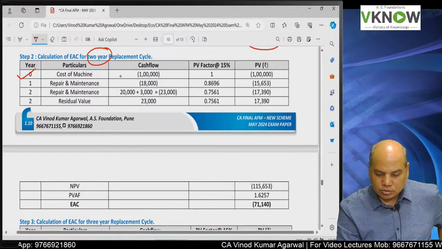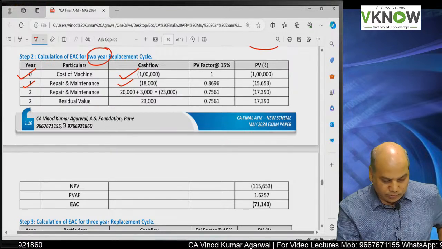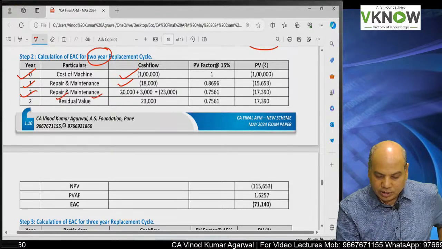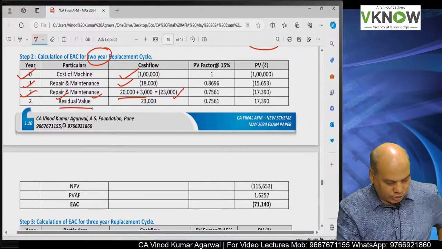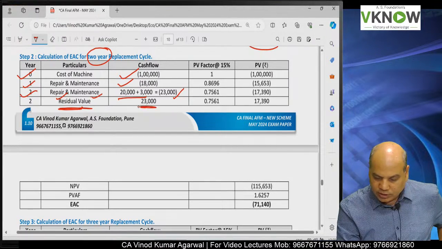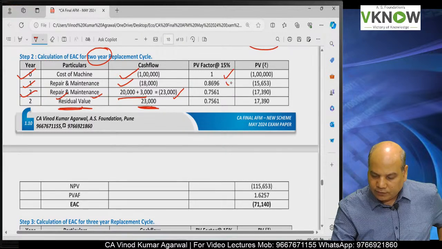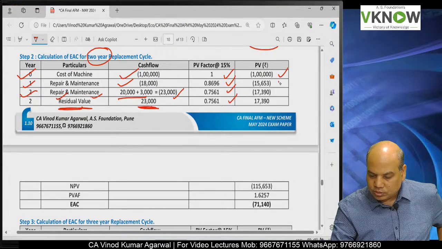If you choose a 2-year replacement cycle, then write all cash flows of 2 years. Year 0, 1 lakh; year 1 repair and maintenance 18,000; year 2 repair and maintenance 20 plus 3, 23,000, and residual value you will get 23. Write the factors from the question book, multiply, take the total.